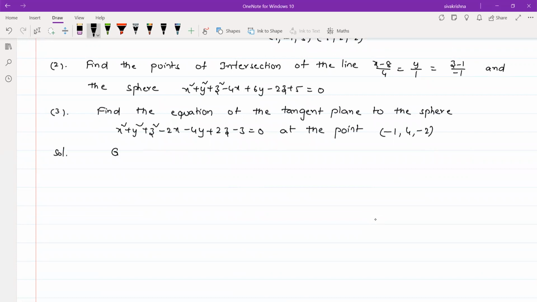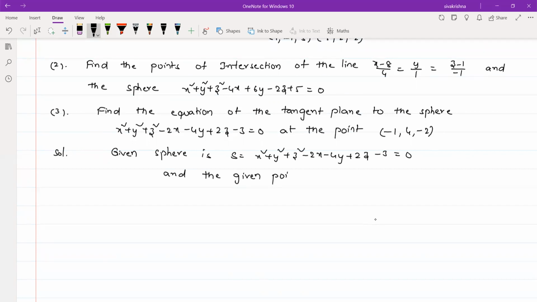Coming to the solution, the given sphere equation, I am naming it as S, is x² + y² + z² - 2x - 4y + 2z - 3 = 0. And also we have given a point, and the given point is (-1, 4, -2).